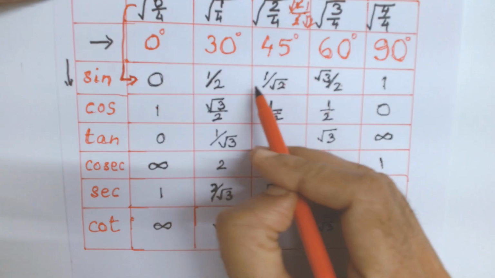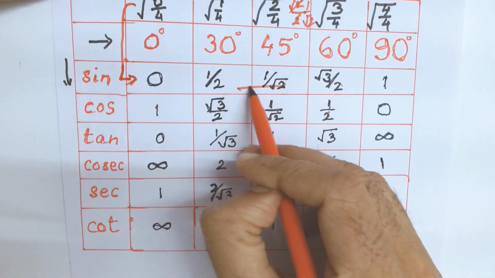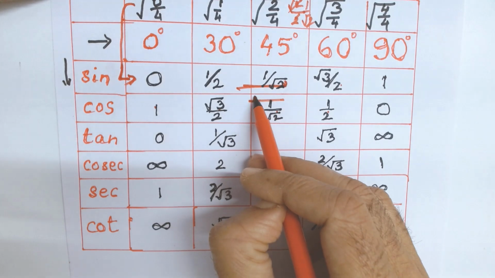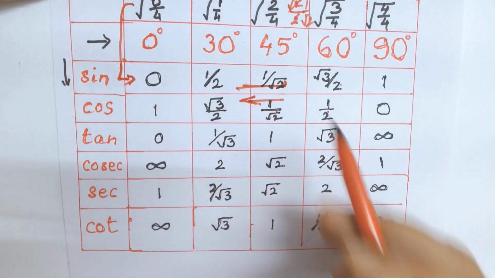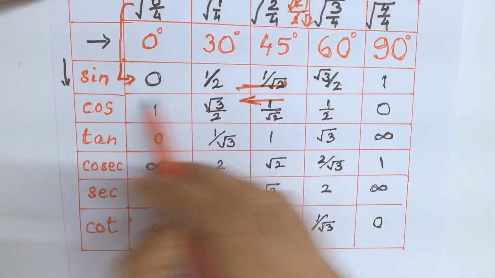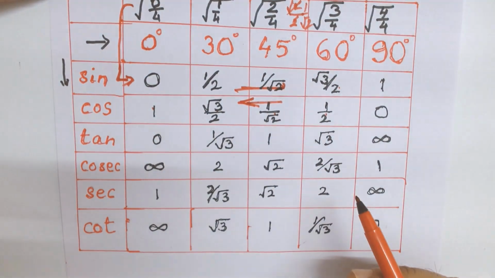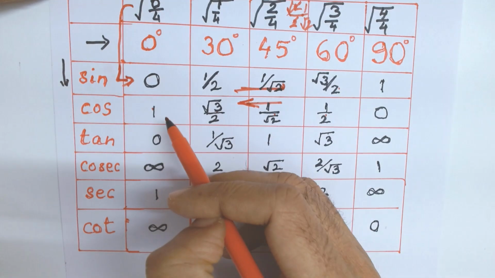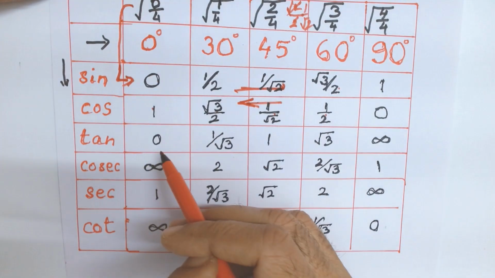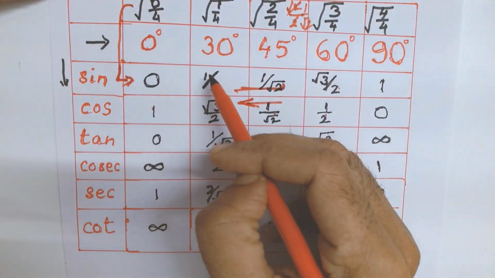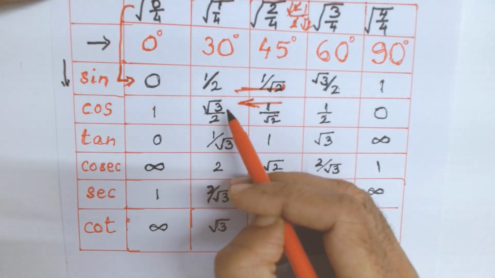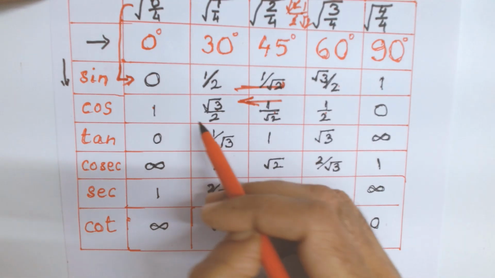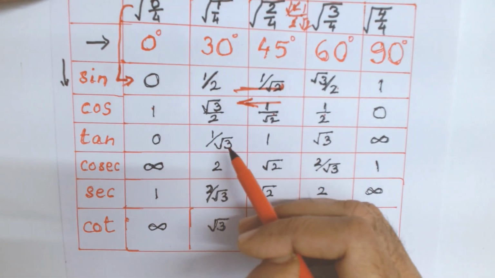So this direction you just have to reverse it. Once you reverse the order, you get the value of cos. If you have sine and cos, we know tan is equal to sine divided by cos. 0 by 1 is 0. 1 by 2 divided by root 2 by 2 is 1 by root 2.